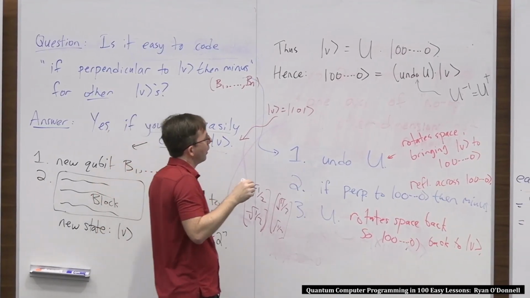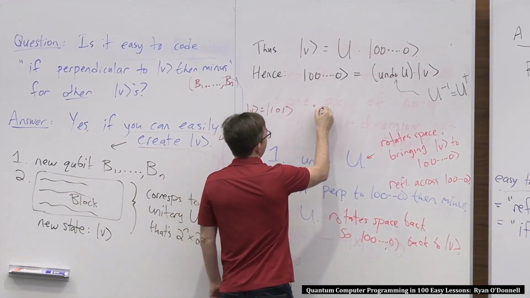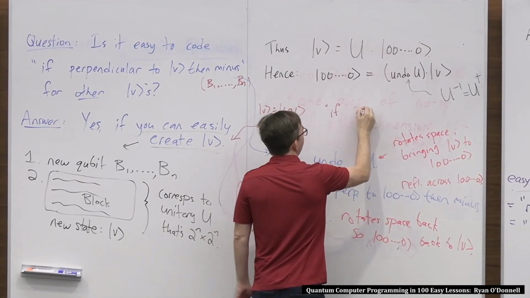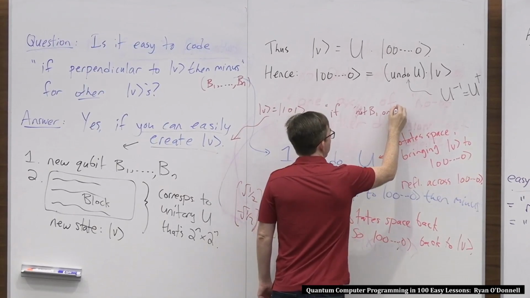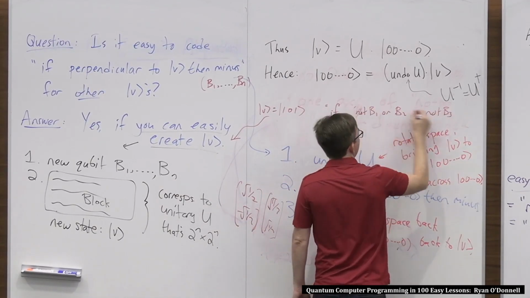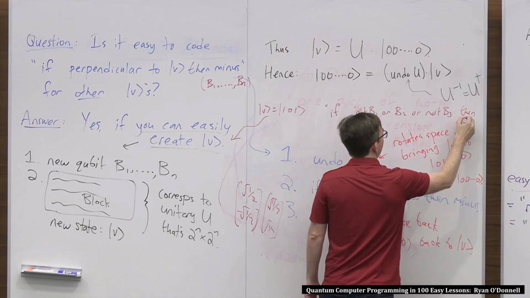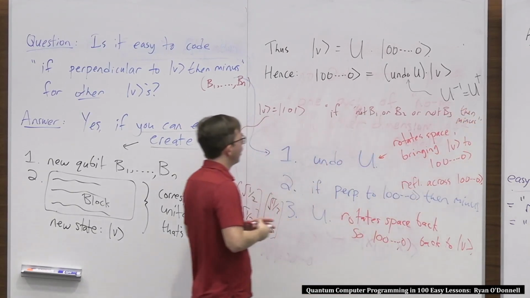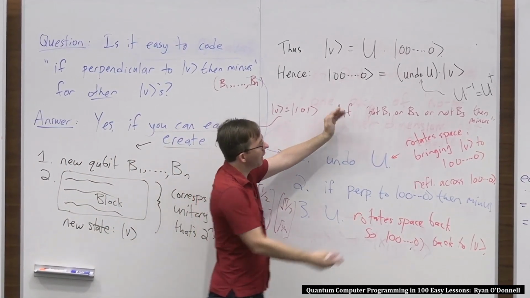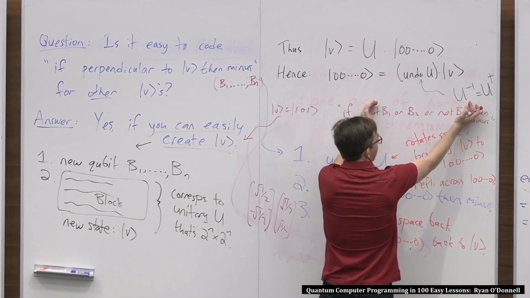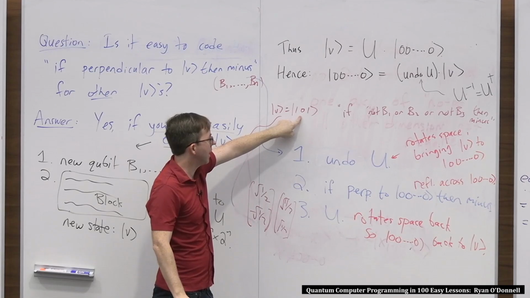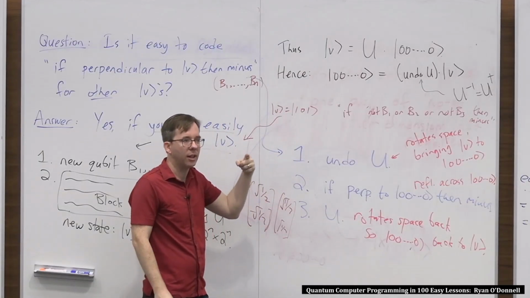Probably here you want to say this would be if not b1 or b2 or not b3, then minus, I think. Because this instruction, which we can code because we know classical code for doing this, leaves this one the same, and every other direction it negates.